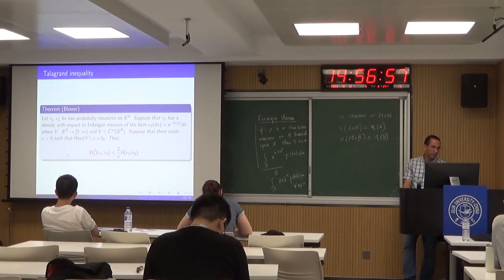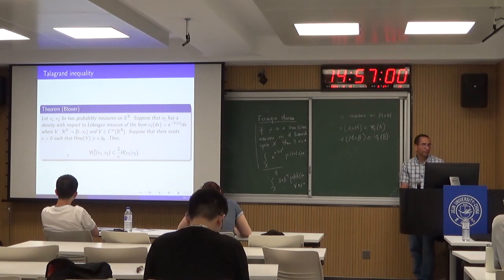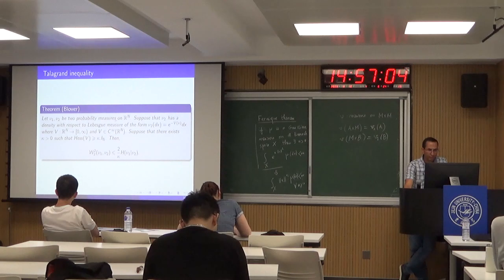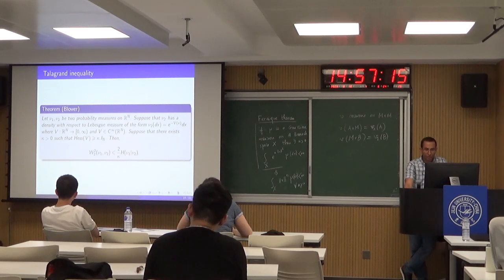Okay, so here is the inequality. So if we have two probability measures on R^n now, and suppose that mu2 has a density with respect to the Lebesgue measure, and that this density can be written as exponent of minus some function v of x, with this function being infinitely differentiable.